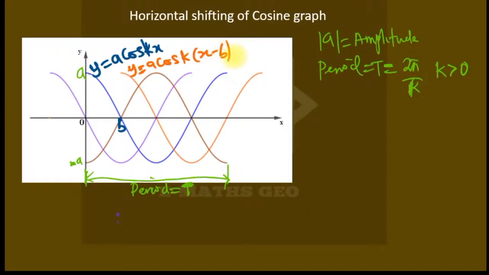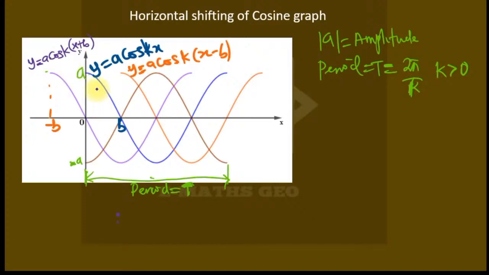But if you shift to the left as in this one, also shifting b units, it will be y equal to a cos k bracket x plus b. So shifting to the right is minus b, to the left is plus b.